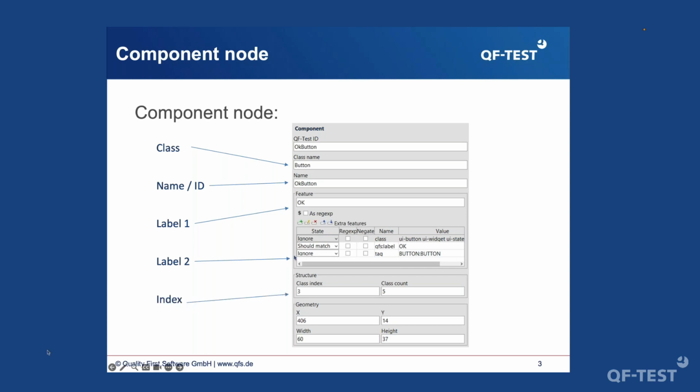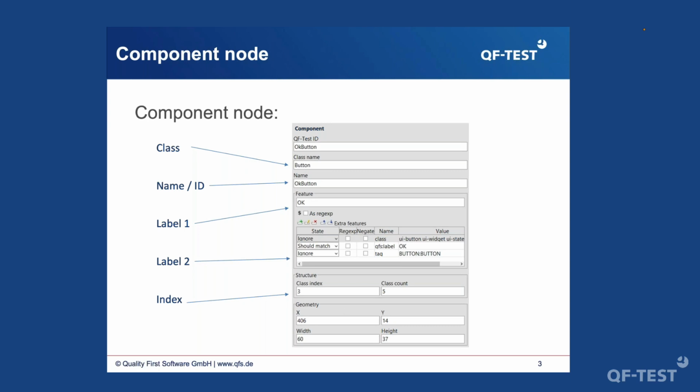Additionally, we have the index of the component, meaning the structure, like which class index the component is. In this case, the button is the third out of five buttons in the specific panel where it is displayed. And besides this, we also have the geometry as information to find the component. But if you have a component with just valid geometry information and no name or feature set, the class index is also not that useful.